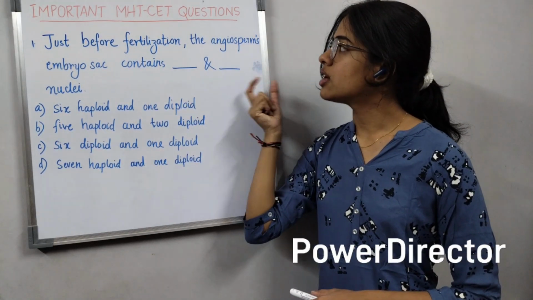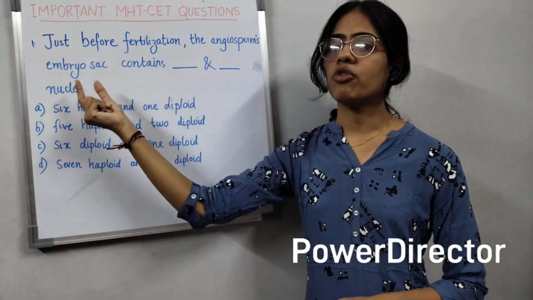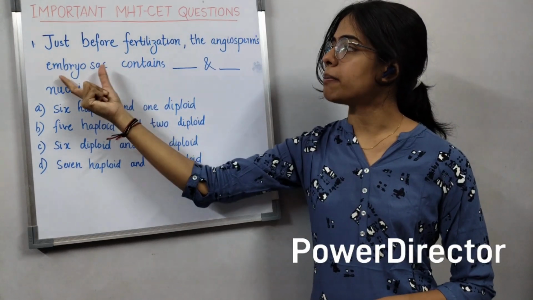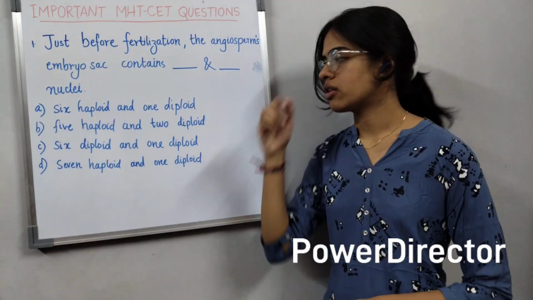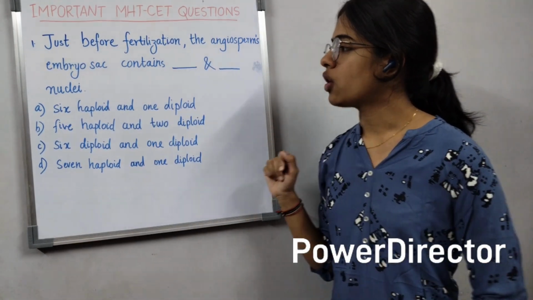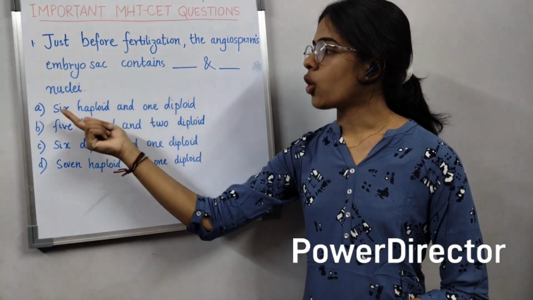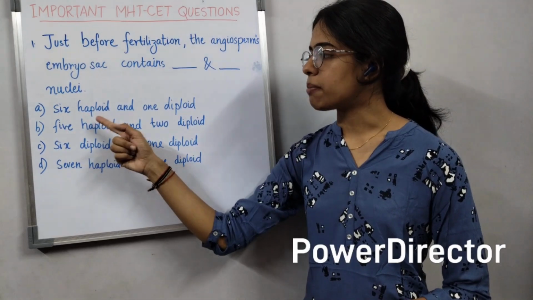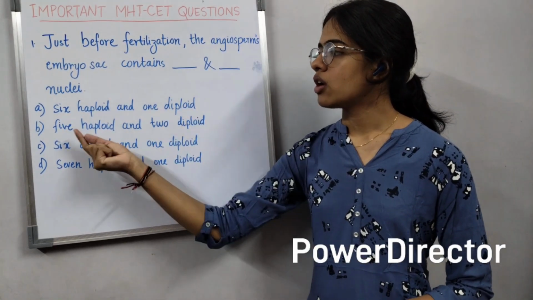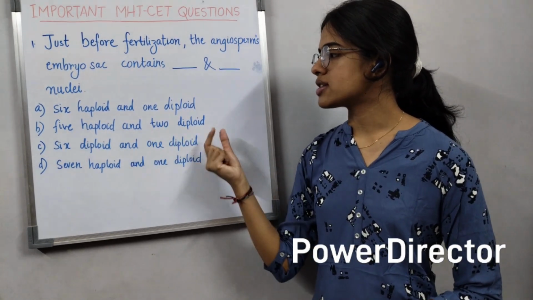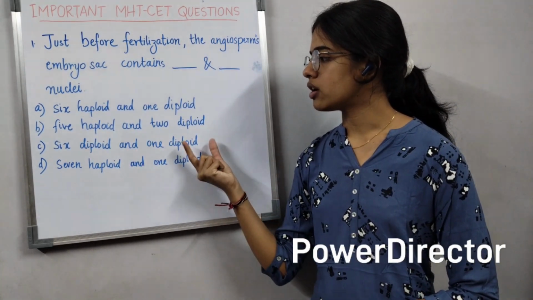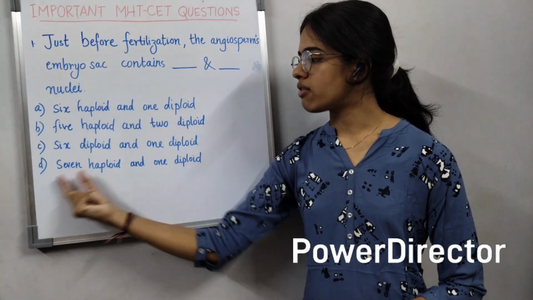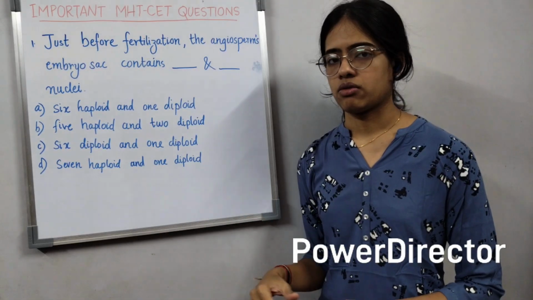It is asking the ploidy of the nuclei in the embryo sac. The options given were 6 haploid and 1 diploid, 5 haploid and 2 diploid, 6 diploid and 1 diploid, and 7 haploid and 1 diploid.